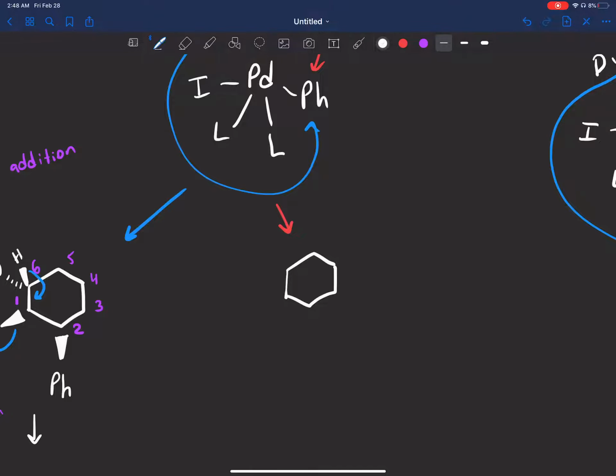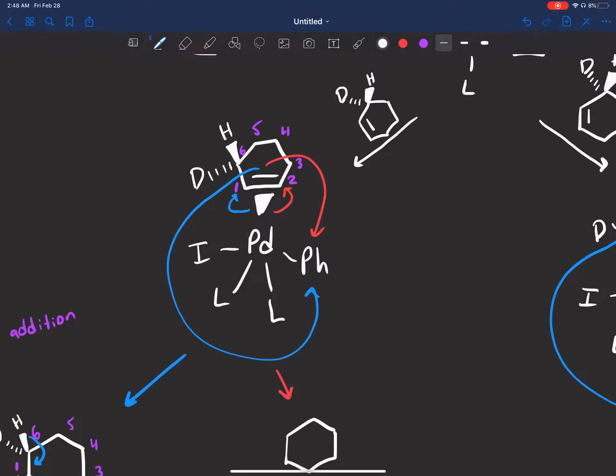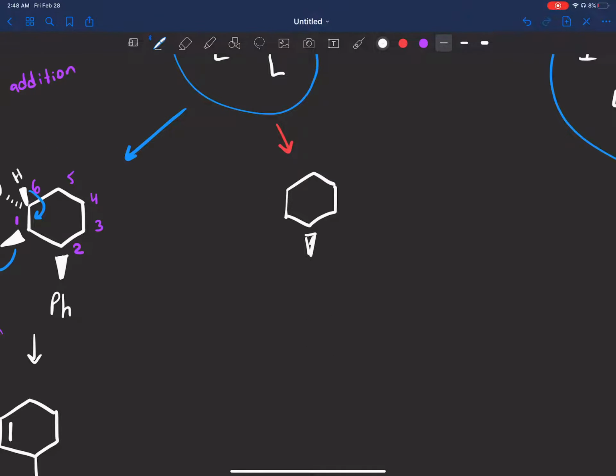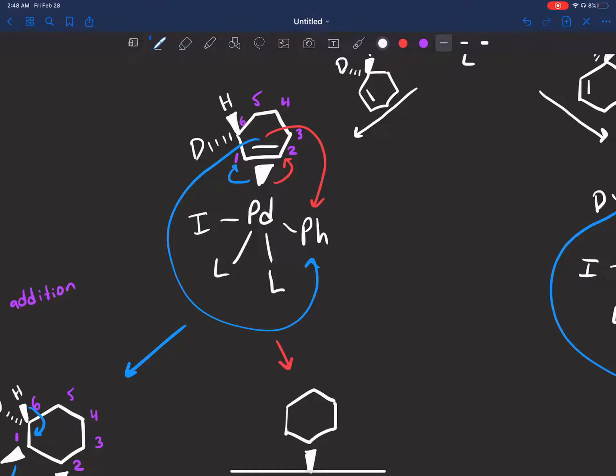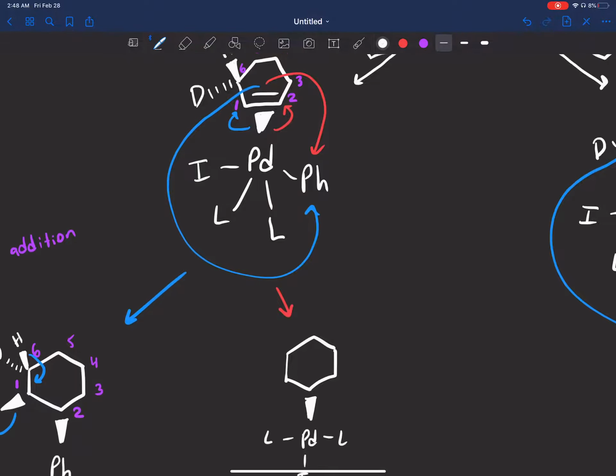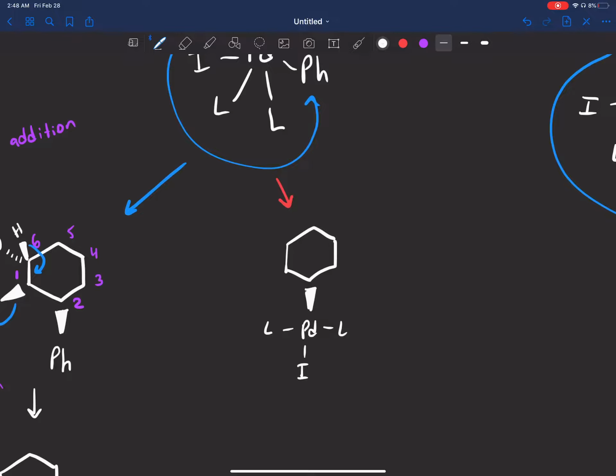So I'm going to put it here, and it was wedged here, so it'll be wedged again in this case. Palladium with its ligands. If my palladium binds to carbon 2 of the double bond, the phenyl group has to bind to the other carbon of the double bond, which is carbon 1. And again, it's wedged.